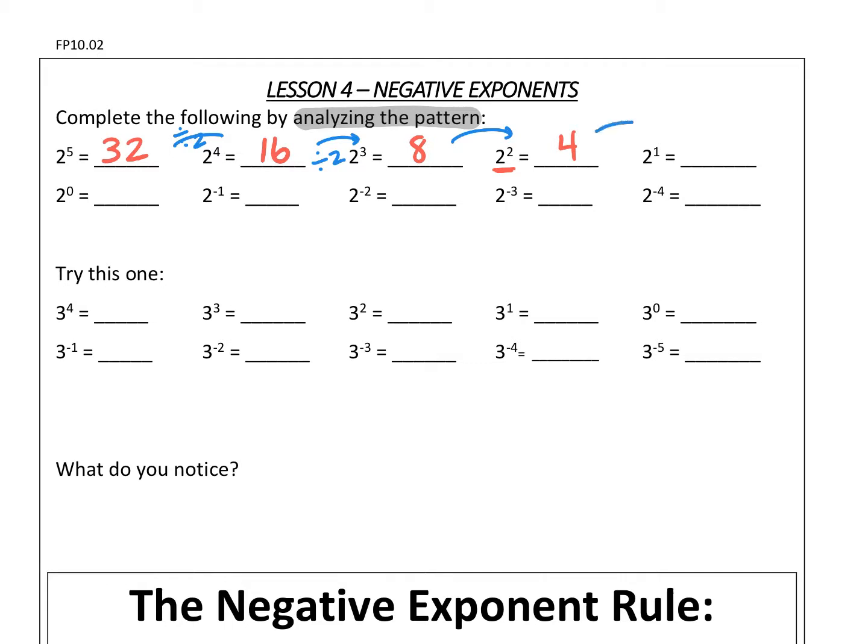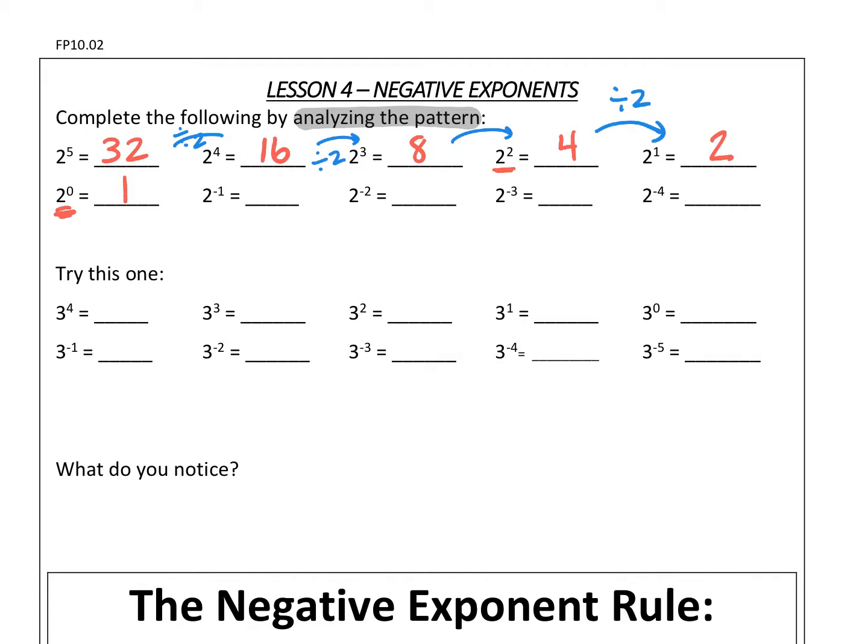And if we divide by 2 here, this will become 2, right? And then if we divide by 2 again, this becomes 1, because 2 divided by 2 is 1. You should have learned the 0 exponent rule in grade 9. Anything to the power of 0 is equal to 1.